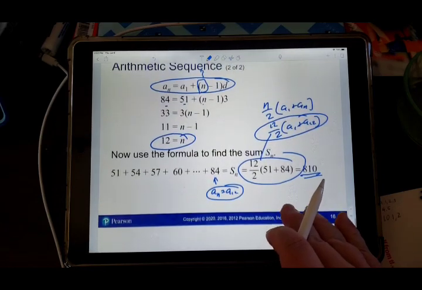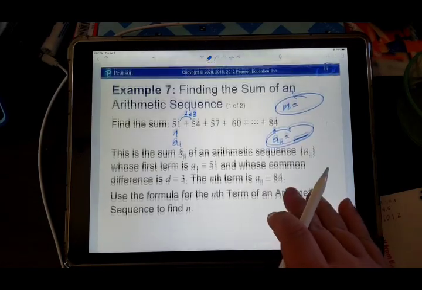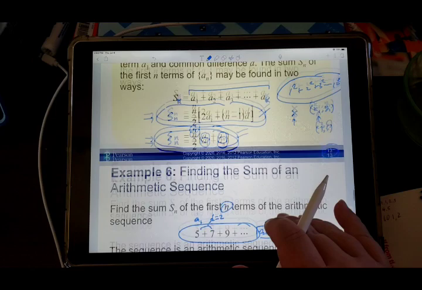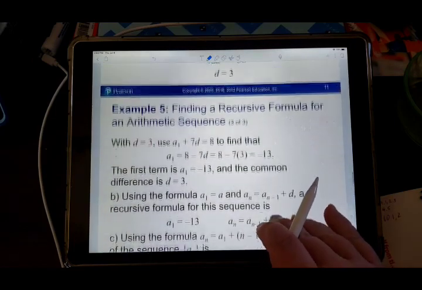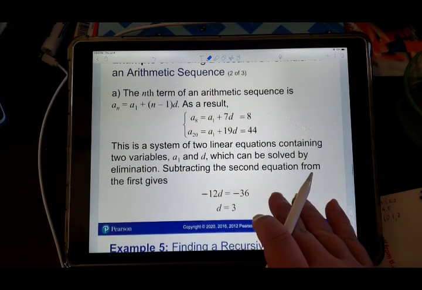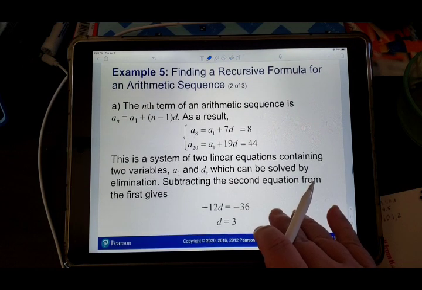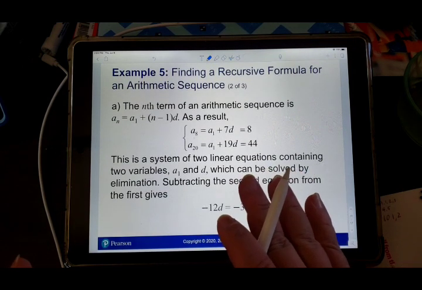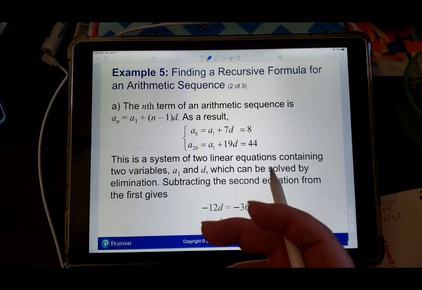I'm trying to think if there's anything else we do. Oh, yeah. There was an example I kind of ran past. Sorry. Going backwards. All right. So this is the most complicated type of problem, kind of the mysterious problem.